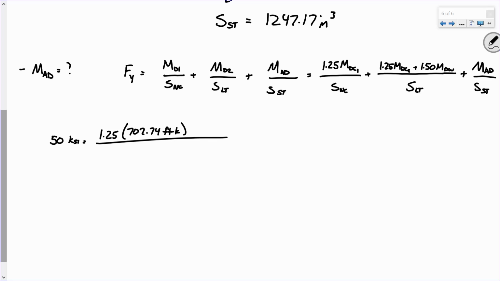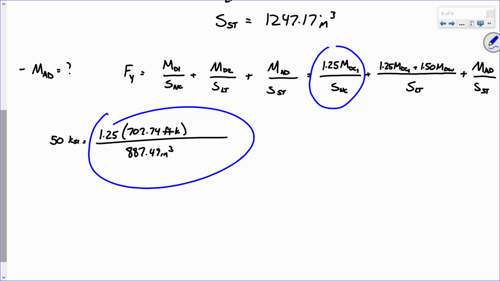Now, what am I dividing that by? A non-composite section modulus of 887.49. Keep in mind, I'm looking at this fraction right there. Everybody okay with that?